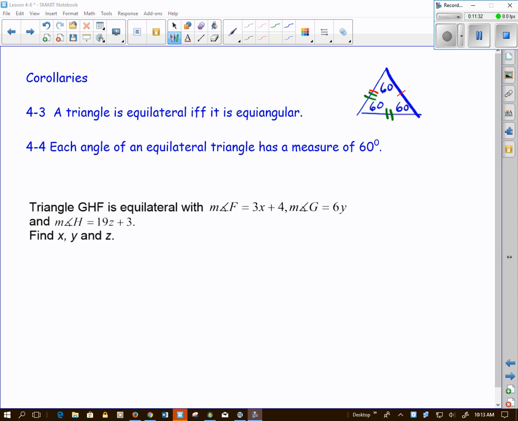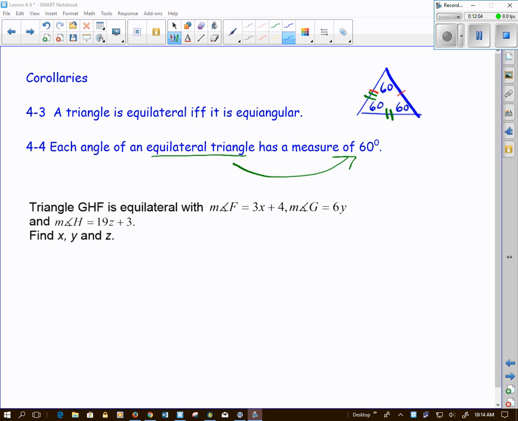And with a little bit of transitive property there and some substitution, we can get all three of those sides congruent. And we can reverse that. If the sides are congruent, then it's equiangular also. So that means if an equilateral triangle is equiangular, then each angle must have a measure of 60 degrees. So a couple of corollaries following directly from the isosceles triangle theorem.